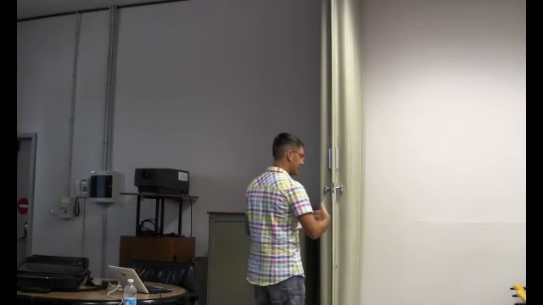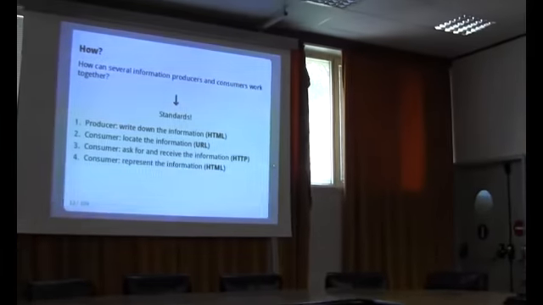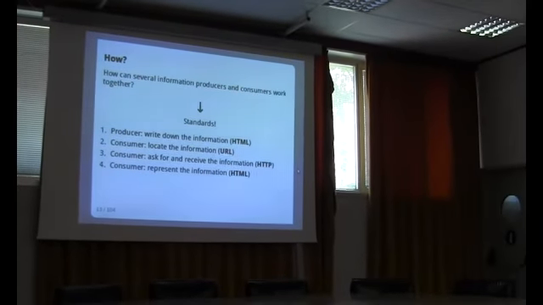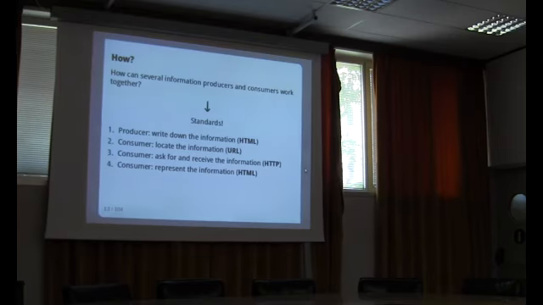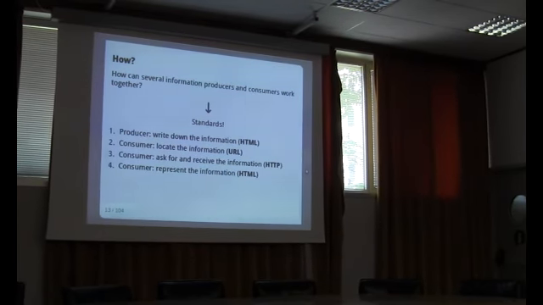Okay, the first standard is HTML. HTML is a set of rules that say to the producer how to write down the information so that it can be managed by all the remaining parts of the process. The second key point is solved by URL, that is a standard that says how to define a location for a web document, or in other terms, a web resource.